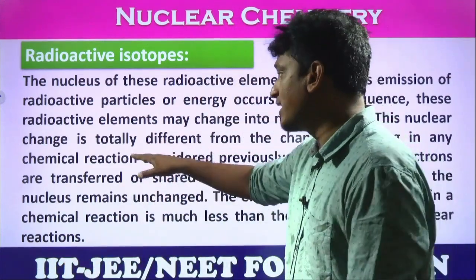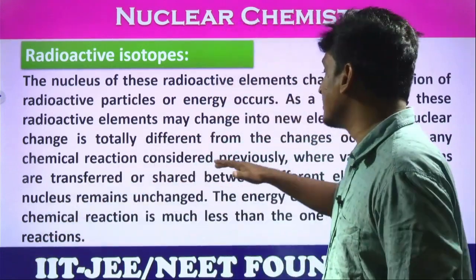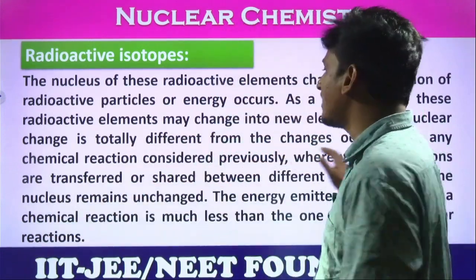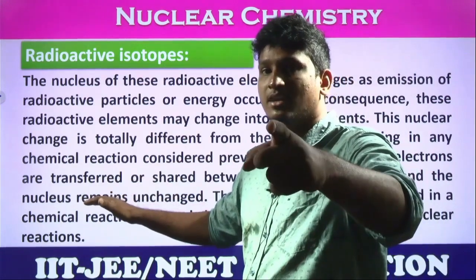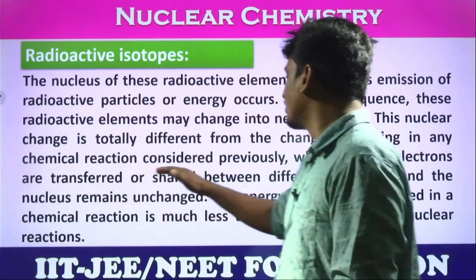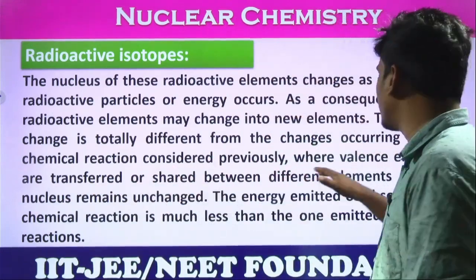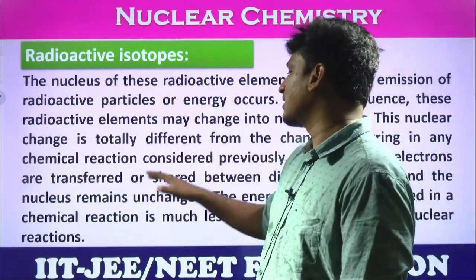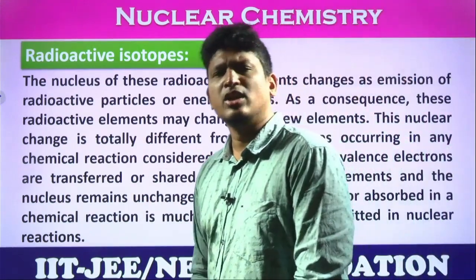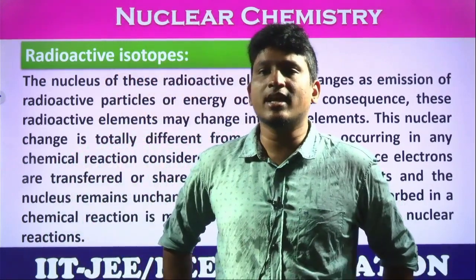This nuclear change is totally different from the changes occurring in any chemical reaction, where valence electrons are transferred. I already explained the difference between nuclear reactions and chemical reactions in the beginning. So once again, in a chemical reaction, valence electrons are transferred or shared between different elements and the nucleus remains unchanged, right? Which subatomic particle participates in the reaction?